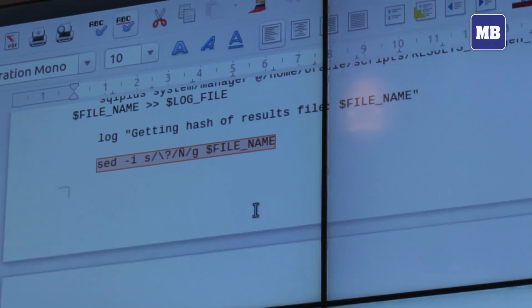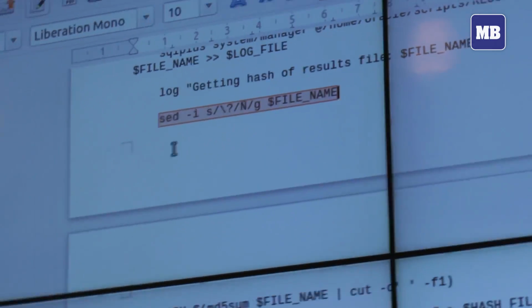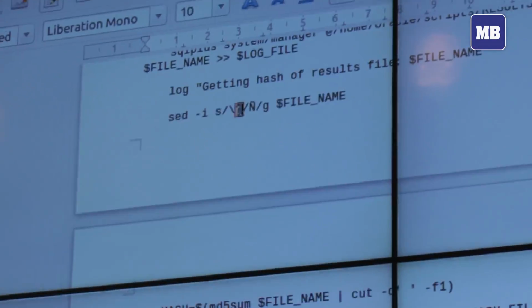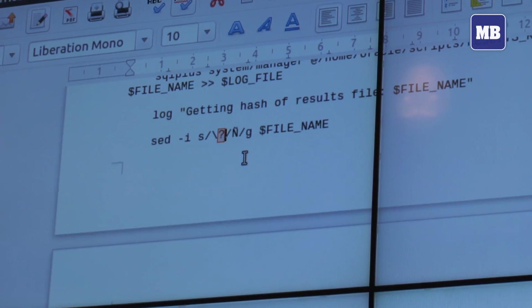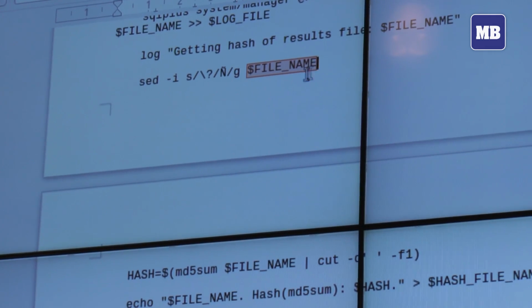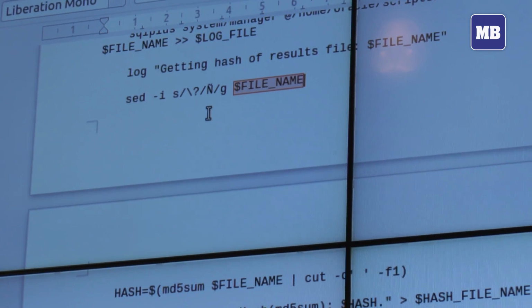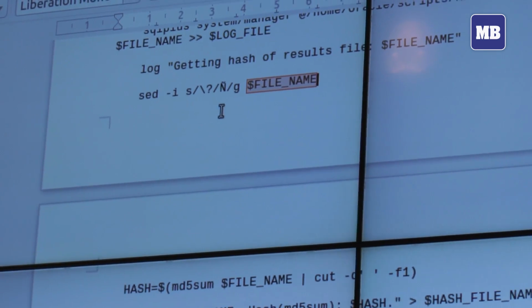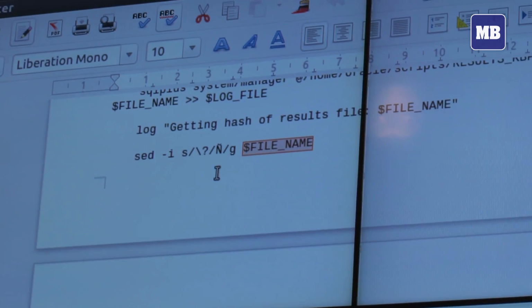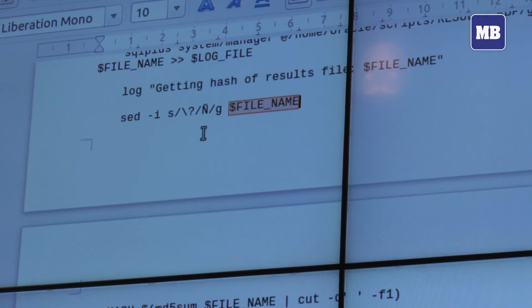In this case, we're telling the sed command to do the substitution of the question mark character with ñ. And the file that we're using is the file that we recently generated, okay? So we are changing all the question marks, making them look like an ñ.